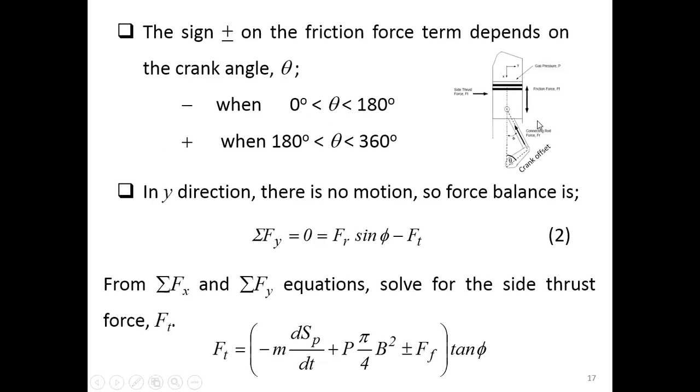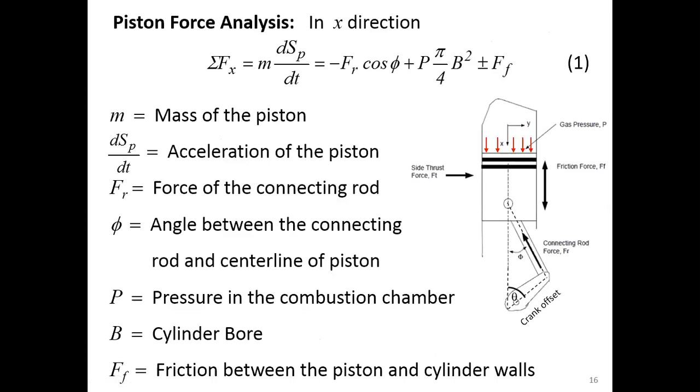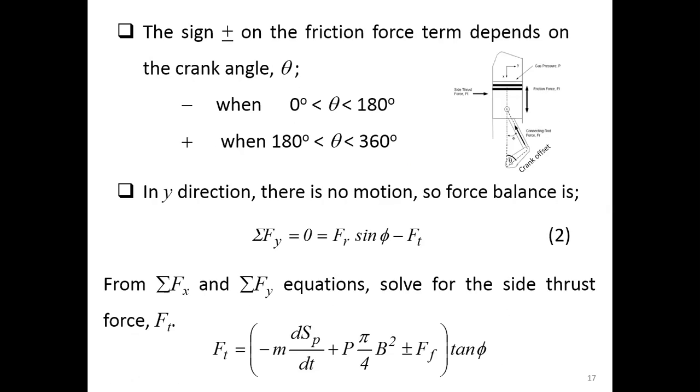So this is the force in the x direction, and we can come up with the equation shown here from our force balance in the x direction. How about in the y direction? In the y direction, we have no motion.